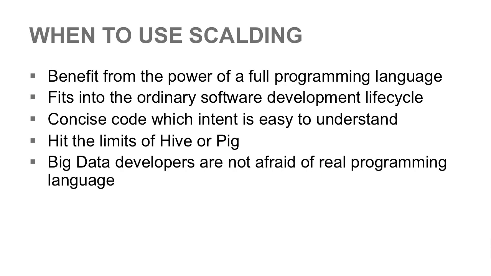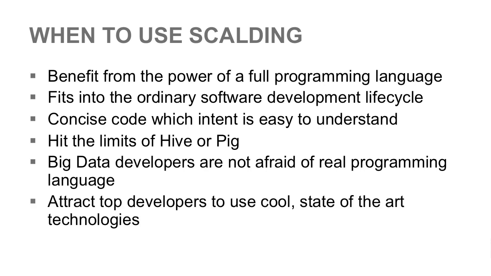Scalding is going to be a good match if you have big data developers who are not afraid of a real programming language. And this can be a factor. Depending on your organization, big data developers could be coming from the database background where they might be familiar with SQL, but they could be challenged to program in real programming languages. And one of the reasons to use Scalding is to attract top developers, to use cool state-of-the-art technologies.